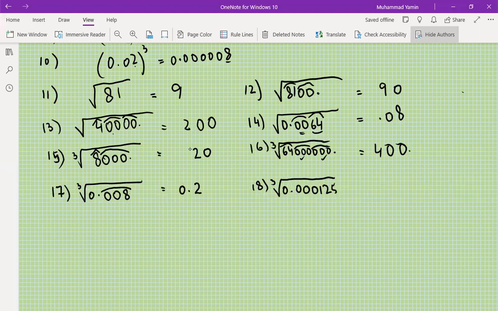Decimal, cube root, group of 3, group of 3. 0 for this group, 25 for this group.